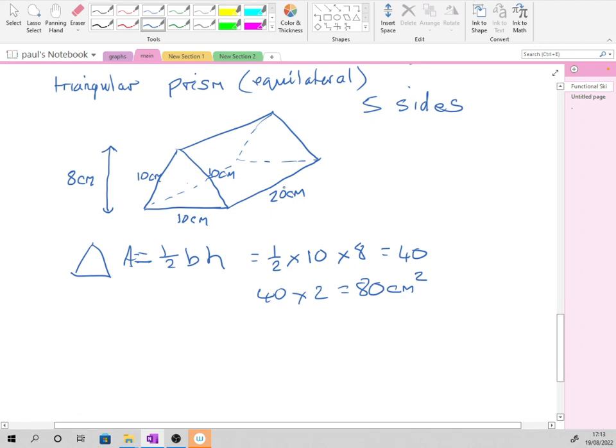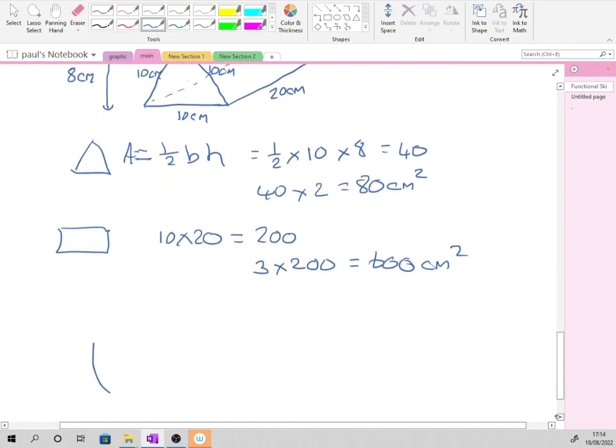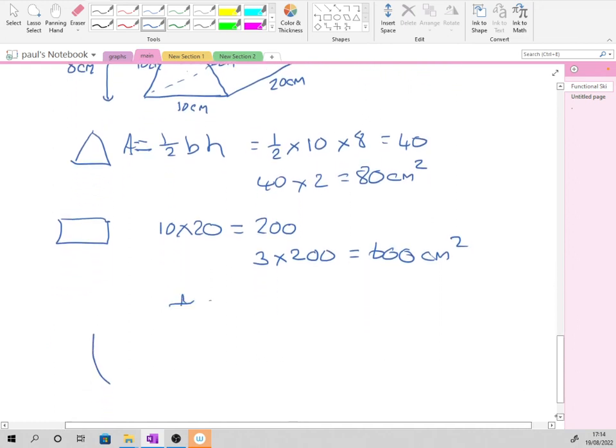And the rectangular bits, these bits are 10 by 20, which is 200. We've got 3 of them, so 3 times 200 equals 600 centimeters squared, and the total is going to be the total surface area.